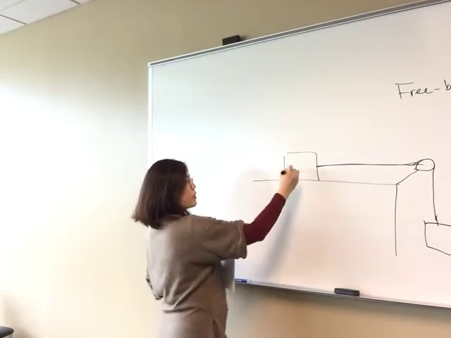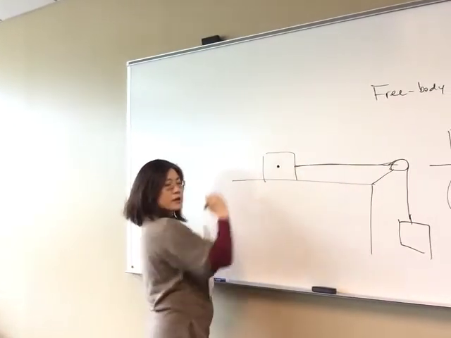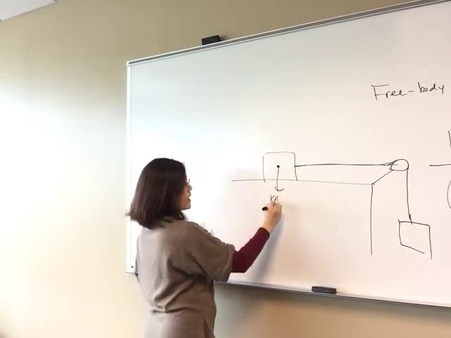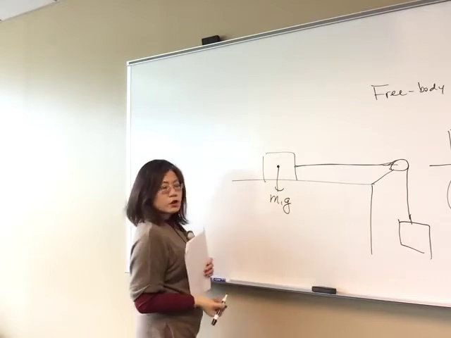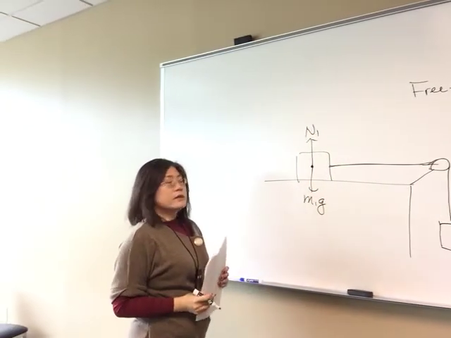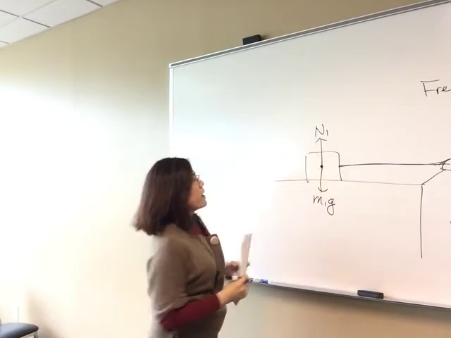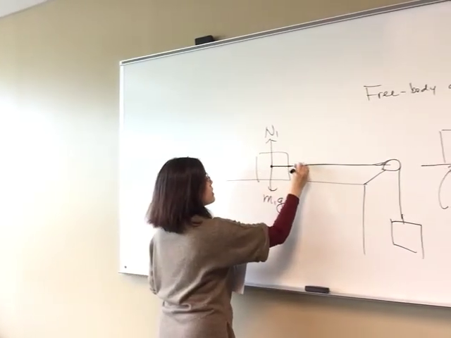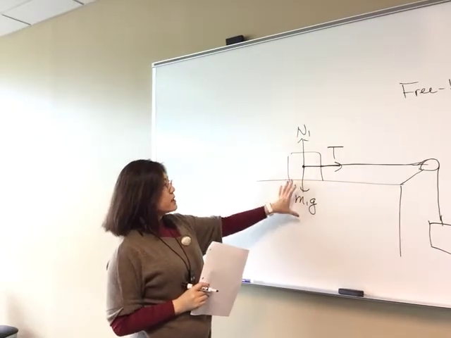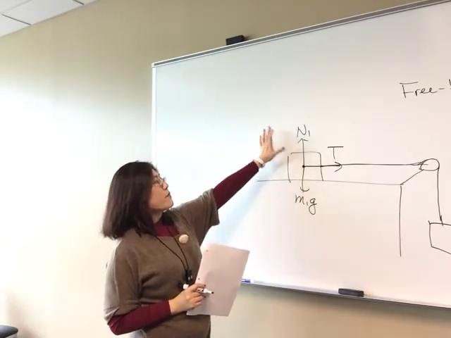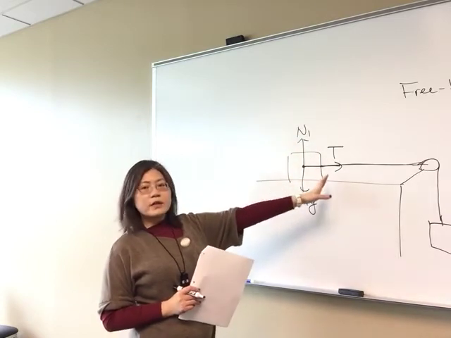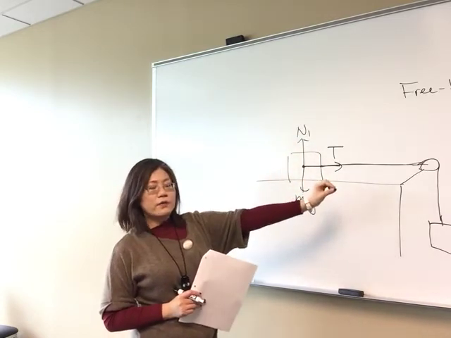We're just going to draw a free body diagram. So this is the dot for this object 1. It has a downward force m1g, and then you have the normal force, and then you have the tension. The tension here is T, away from the contact point. So this is a free body diagram for this object. You have the upward normal force, downward gravitational force, and then tension that's pulling it that way.